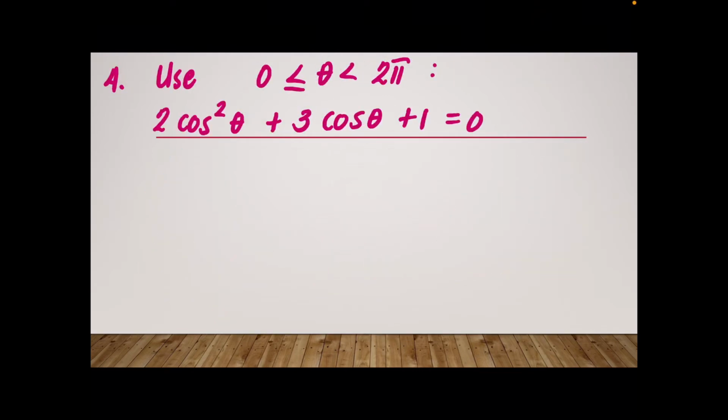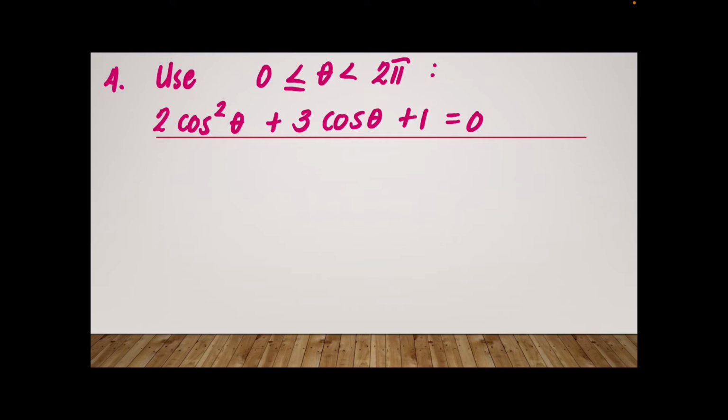Example number 4. Use theta greater than or equal to 0 and less than 2 pi for the given equation, 2 cos squared theta plus 3 cosine theta plus 1 equals 0. Take note that our answer should be in radian form. Let's start.